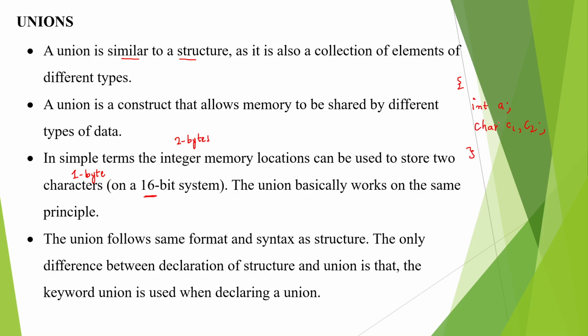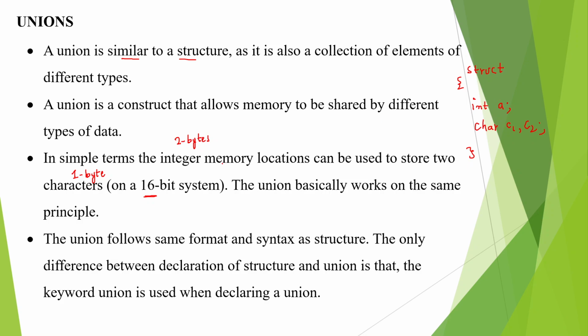Now what will happen when allocating memory to this particular union? What will the compiler do? If it is a structure, how will the allocation be, and if it is a union, how will the allocation be? If it is a structure, the allocation will be the sum of all types, isn't it?